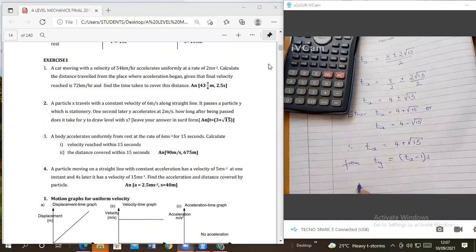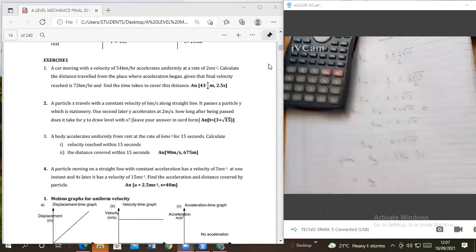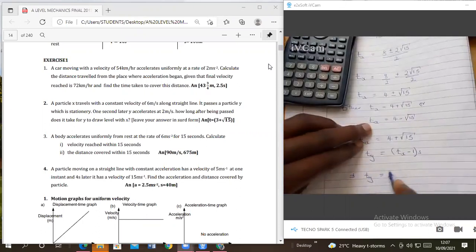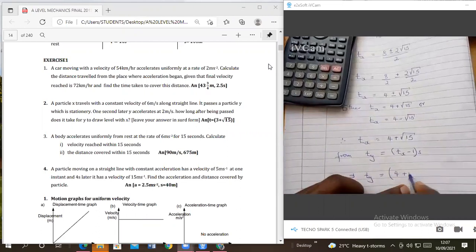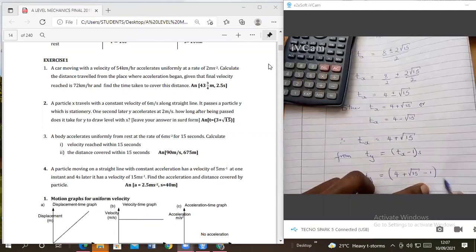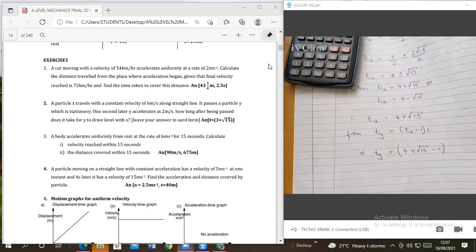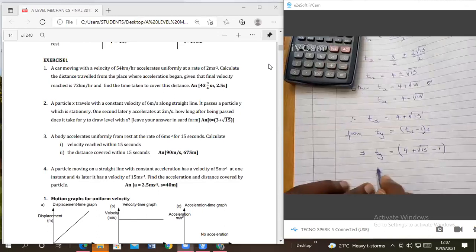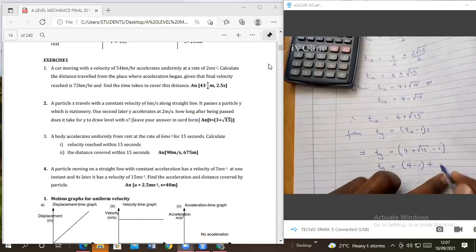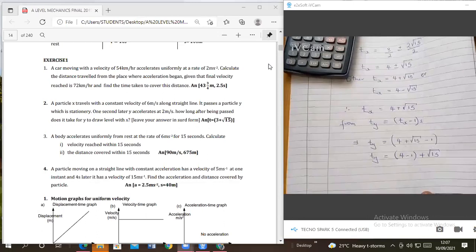So Ty will be equal to our Tx, which is 4 plus root of 15, take away 1. Remember, a surd can either be added or subtracted only if they are of the same order. So we have Ty equals 4 minus 1 plus root of 15.